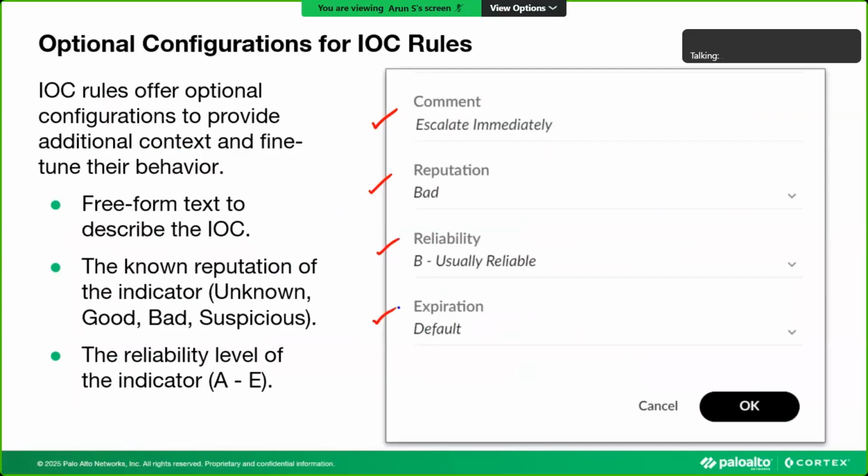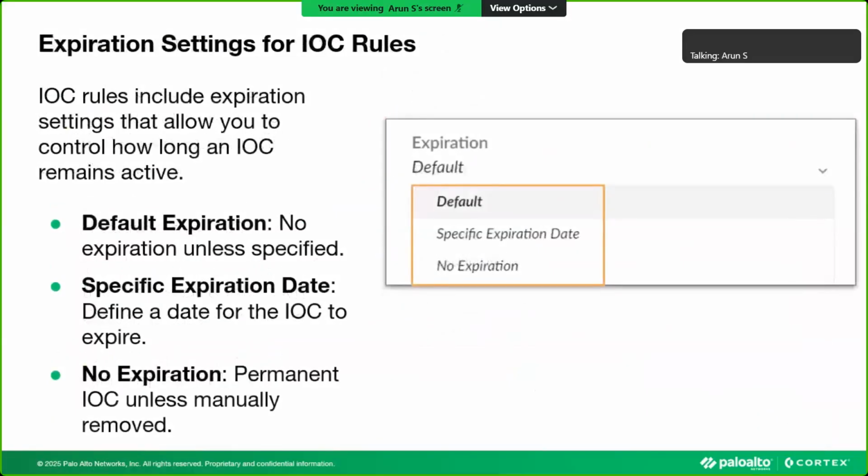And also what is the expiration? So when you want the IOC rule to be expired, you can define that as well. So settings for IOC rule. Expiration, as I said, default means whatever is defined in the default column. So for each file type, we have a default expiration value, and according to that, it will be expired.